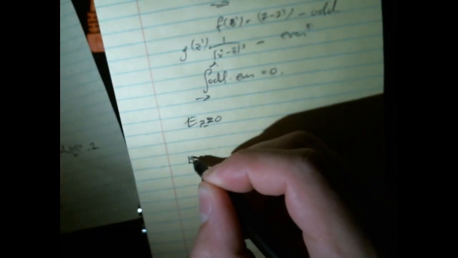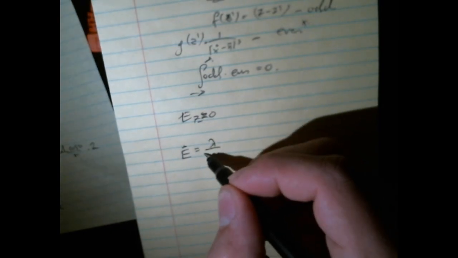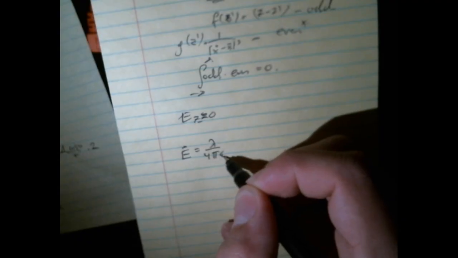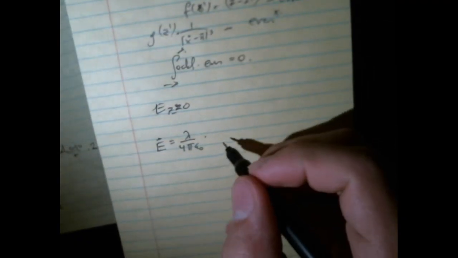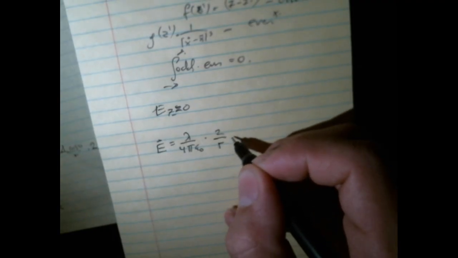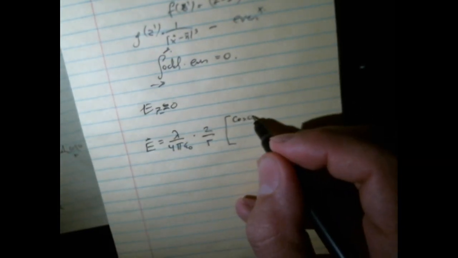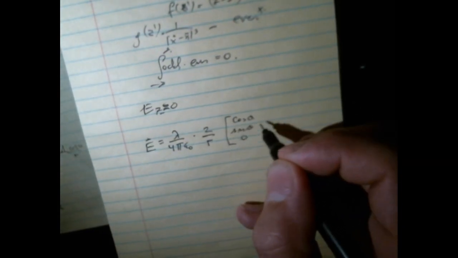All right. So now we can take a look at this final E field. This is going to equal lambda over 4 pi epsilon 0 multiplied by 2 over r, and we'll have cos theta, sine theta, 0.